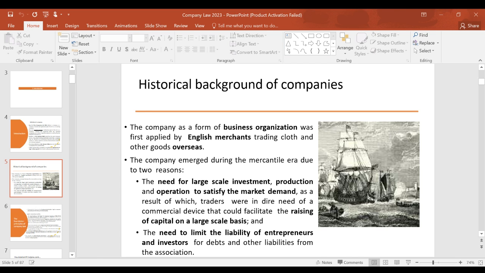So there are two major things that brought up the company: need for large scale investment, so a lot of money was required to pull together, and members were to contribute towards that. And second, to shield the liabilities, so whatever happens in the company should not be part of the owners of that company.